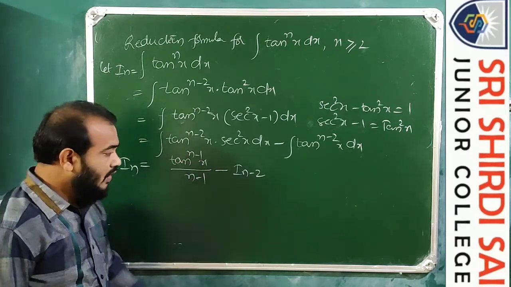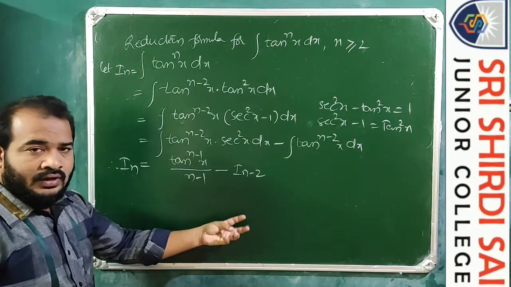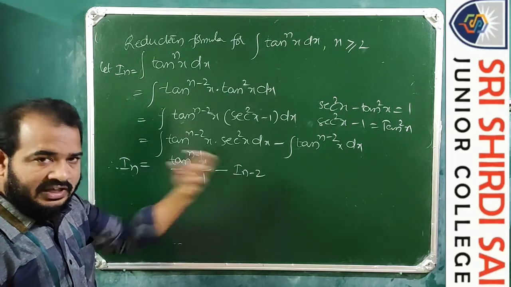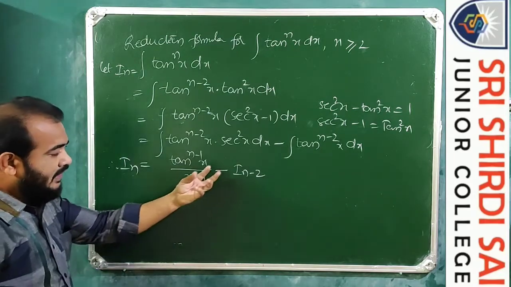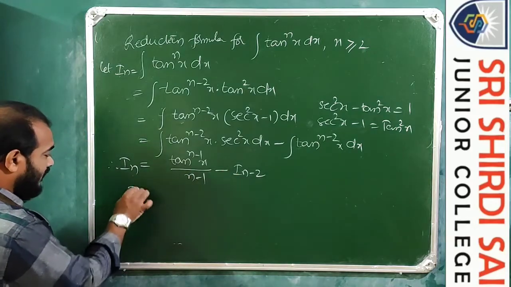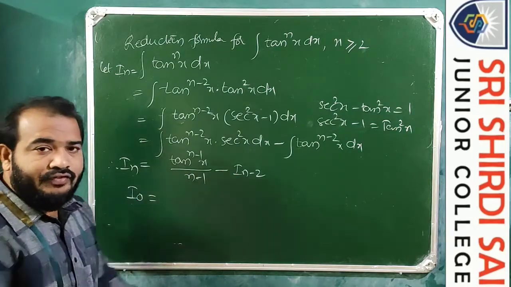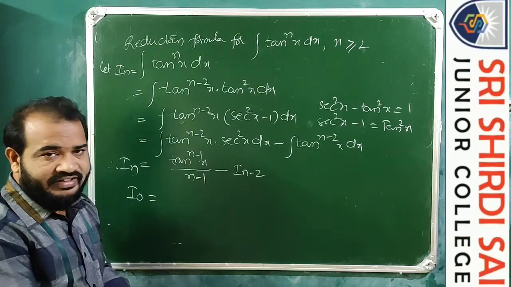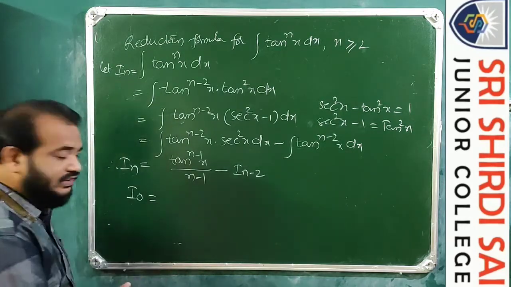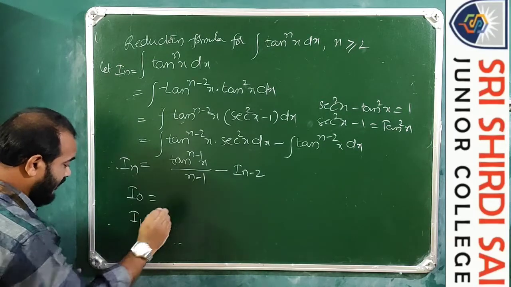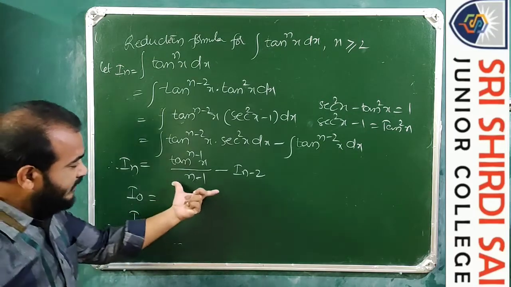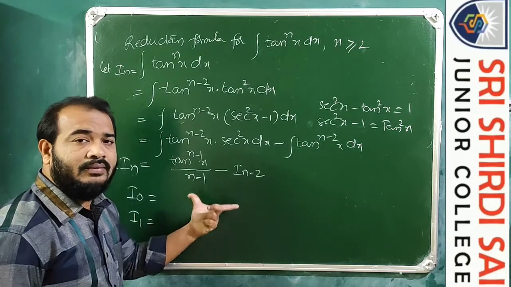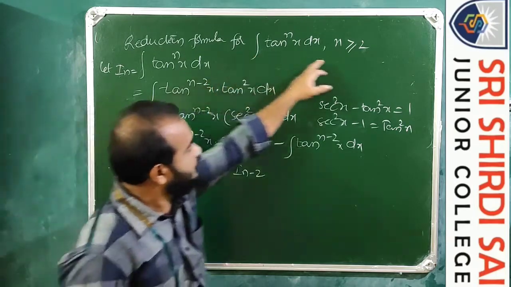If n is even, then by successive reduction we will get I0. If n is odd, for example tan power 11x, then after successive reduction we will obtain I1. This reduction formula is only applicable as long as n is greater than or equal to 2.